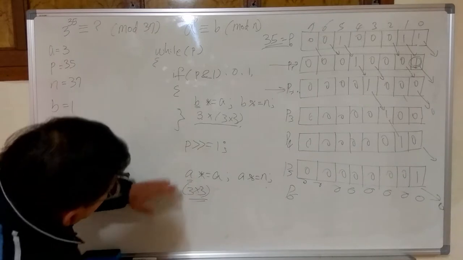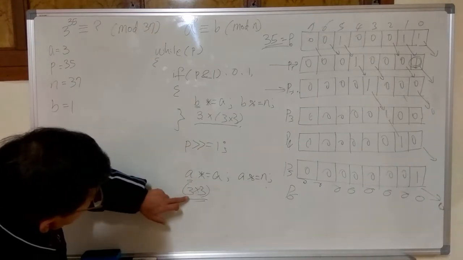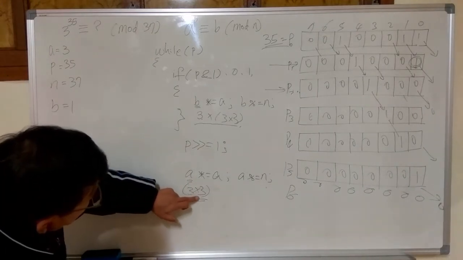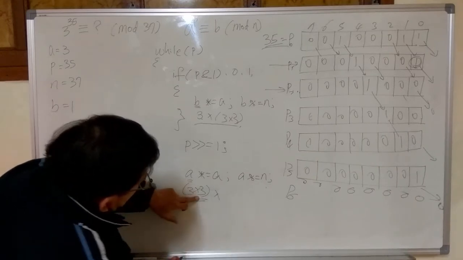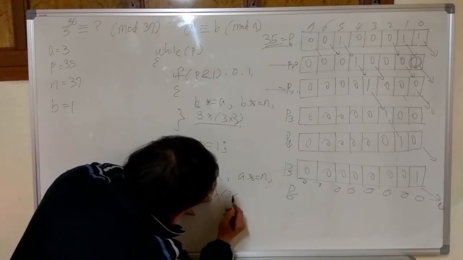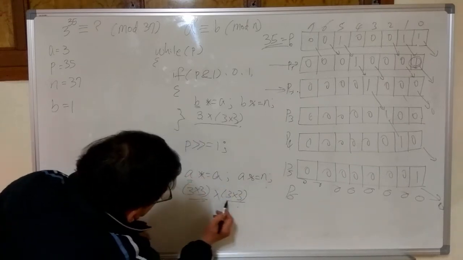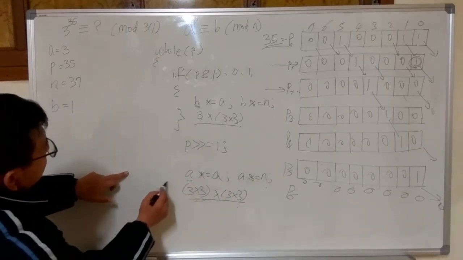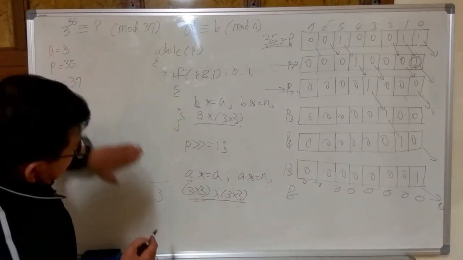Since the previous A was 3 times 3, A becomes 3 times 3 times 3 times 3.